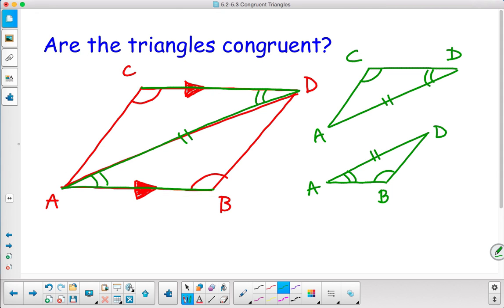So on our green triangles to the right, did that side end up between the two angles? It is not. The angles are not on the ends of that segment, so it's called a non-included side. So this still is a yes. It's by angle, angle, side congruence.